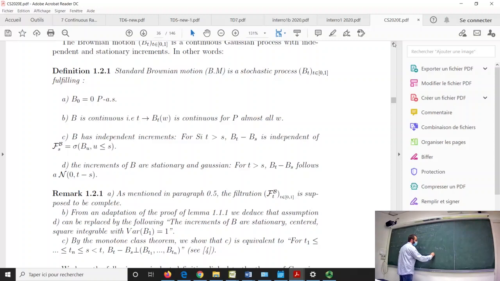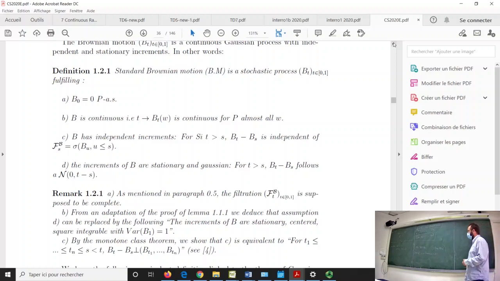Because I have the Gaussian property of the increments, and also, it's important here that I have independence of the increments. So all these random variables here are independent because they are increments on intervals with an intersection that is at most a singleton. Okay?